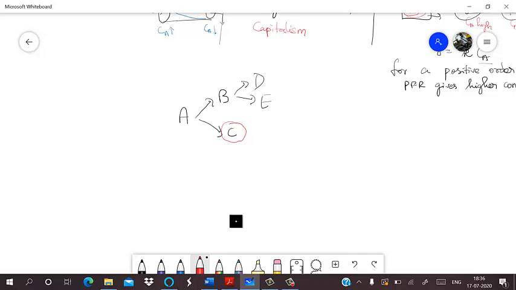If you simply put A in a PFR just because the reaction is faster, you will end up getting D and D, which are absolutely not required. What you need is C. So one reason for having a choice of reactors, whether you should go with an MFR or a PFR, depends on your selectivity. Conversion, selectivity, two important points.